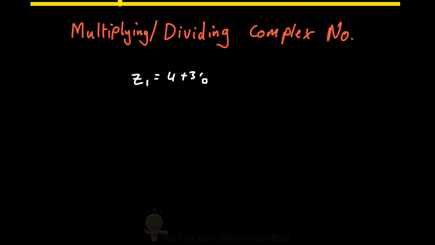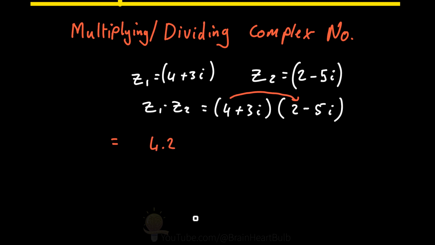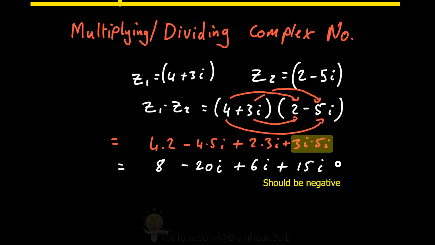So let's take these two complex numbers, 4 plus 3i, and multiply it by 2 minus 5i. We can use one of these methods to multiply out these complex numbers and simplify. And when we multiply 3i by -5i, we end up with -15i squared.